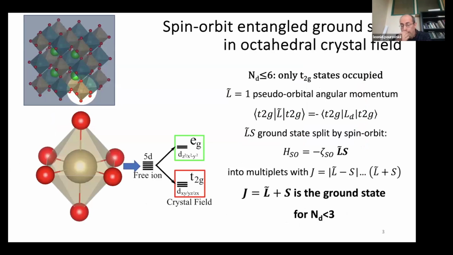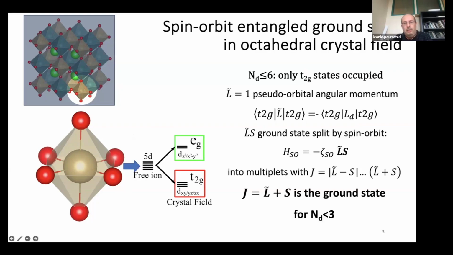To understand more precisely how they appear, how this spin orbit entanglement works, let me first concentrate on a single octahedron containing a magnetic 5d transition metal ion. As I said, crystal field splitting will be large.